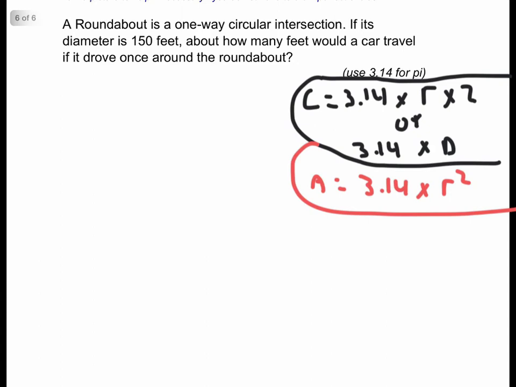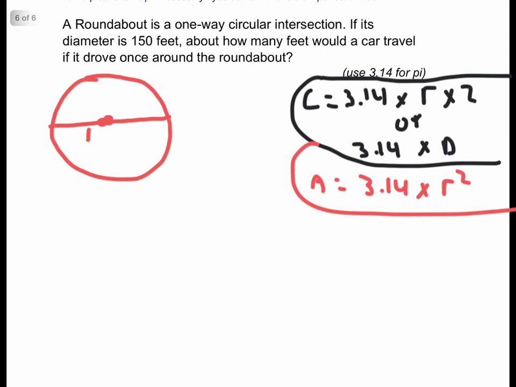Alright, so it says a roundabout is a one-way circular intersection. If its diameter is 150 feet, how many feet would a car travel if it drove once around the roundabout? So let's just visualize this. So we have this circular roundabout, and its diameter, which goes right in the middle all the way across, is 150.